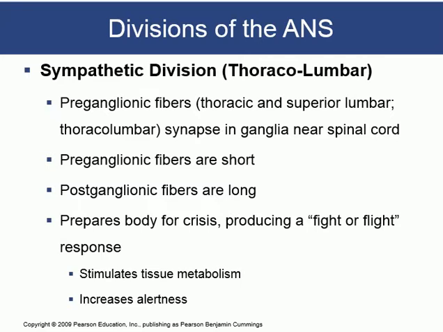Now, the origin of sympathetic and parasympathetic, where do they come from? And you have to remember this. If this is your brain and this is your spinal cord, okay?